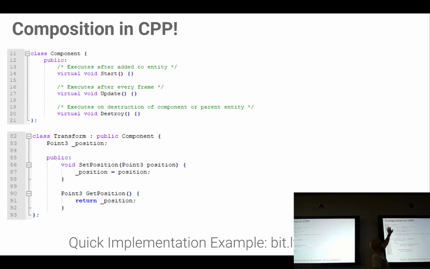So right here we have a component parent class, okay? No one ever instantiates this class. What you do instead is, it is kind of a parent class, all right? And you derive a class from this, okay? And you will implement your own start function, your own update, your own destroy function.